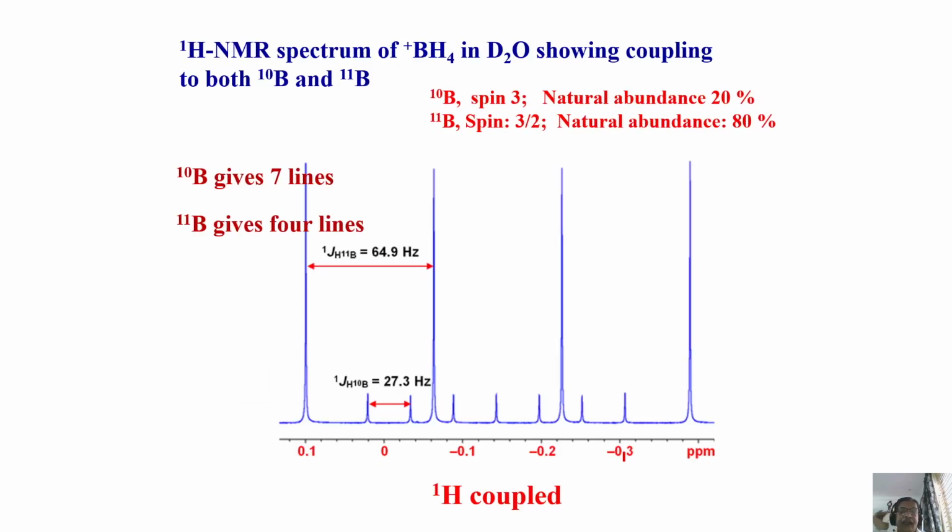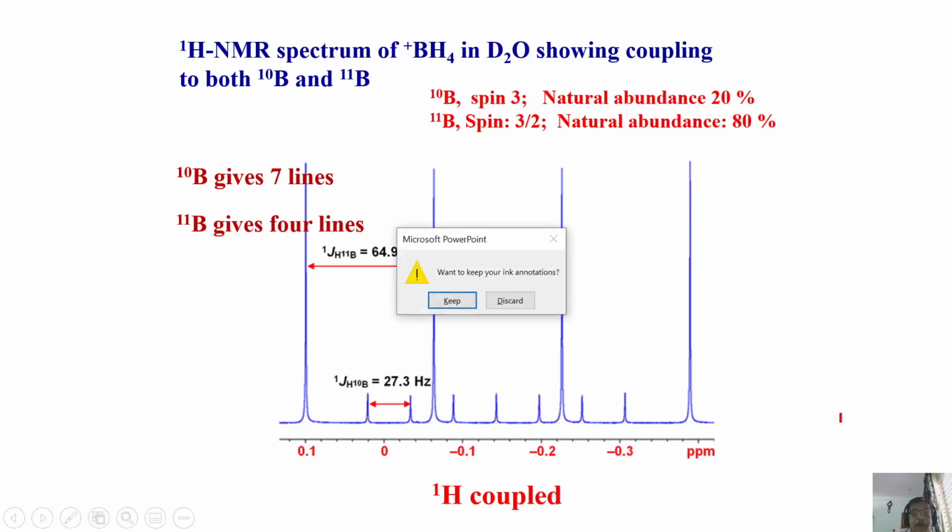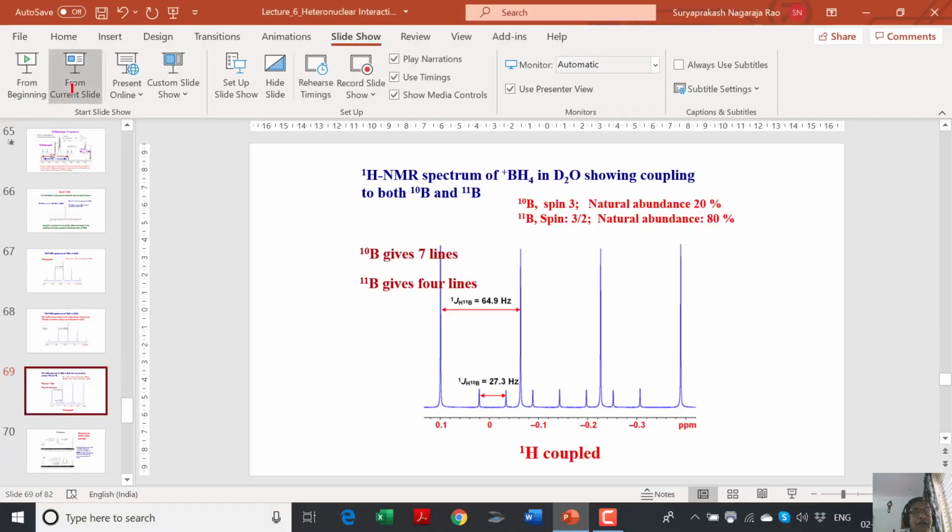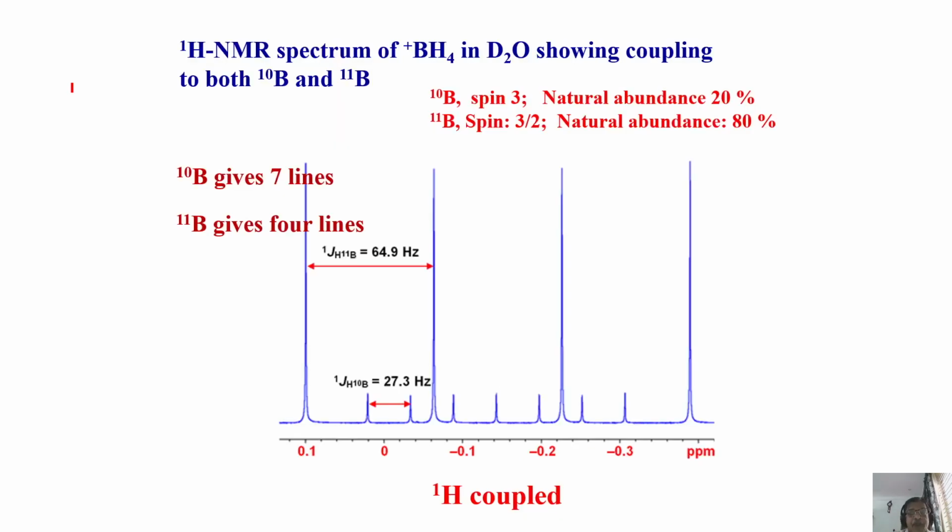Now, we saw boron NMR. Let us now see proton NMR. What type of proton NMR do we get? It's a very interesting thing. See what type of things we are going to see in the proton NMR of this one.